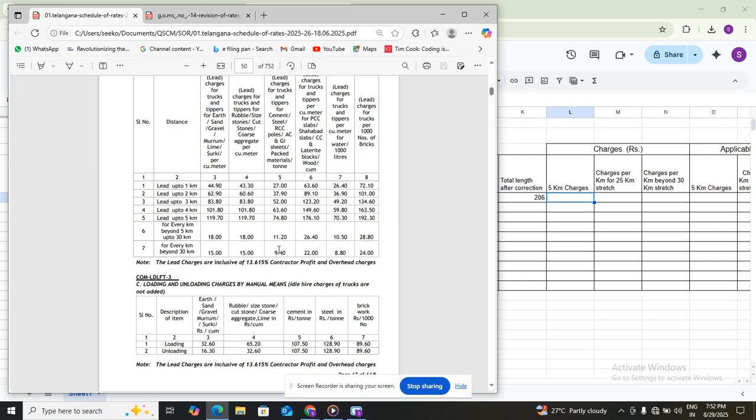How to deduct? Lead up to 5 kilometers is 119.7.